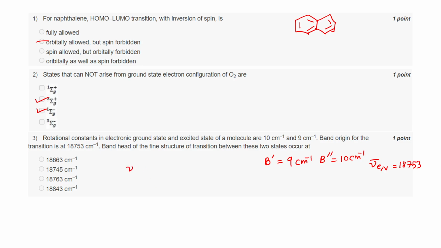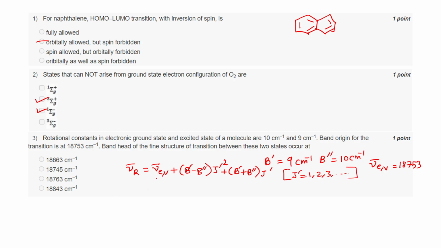If you remember, the R band was nu EV plus B dash minus B double dash J dash square, plus B dash plus B double dash J dash, where J dash starts from 1, 2, 3.